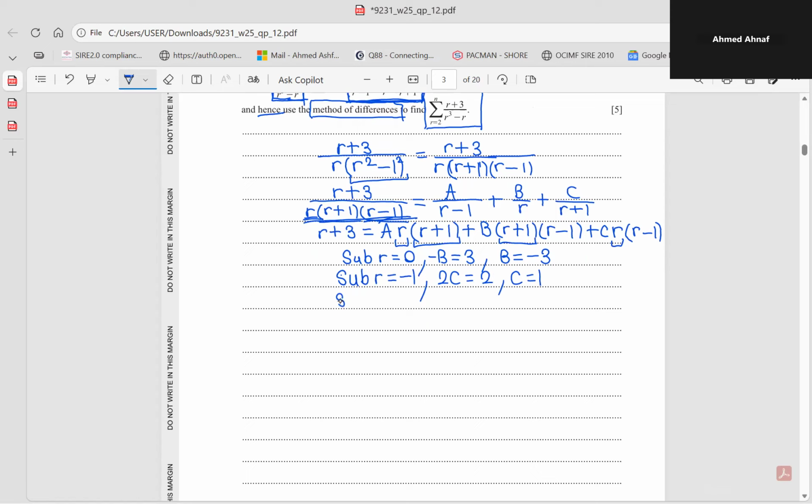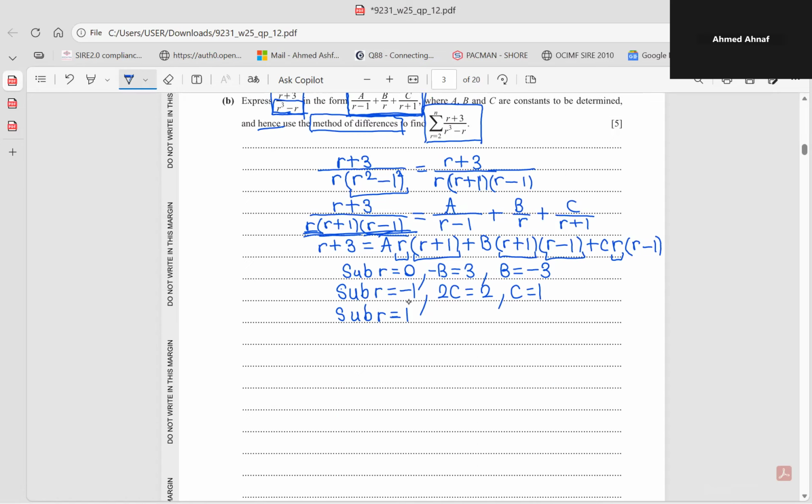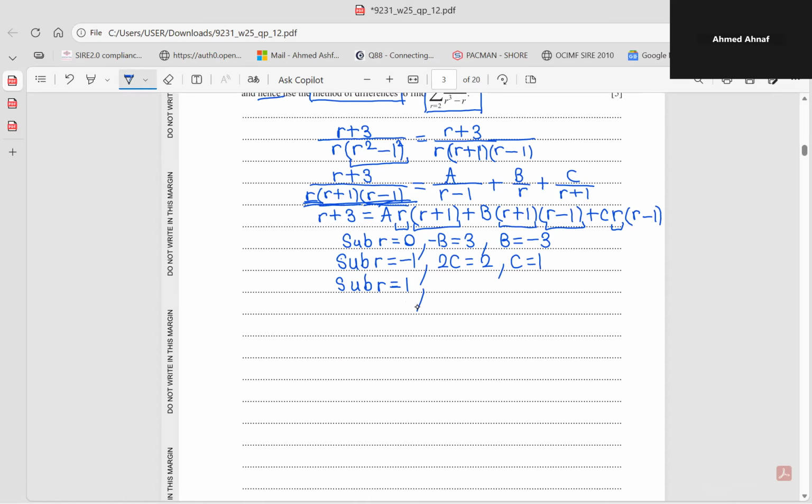Okay, and then finally, we have r minus 1 remaining. So to make that 0, you have to make r equals 1. Very simple. Okay, so b would be gone as well as c. So we only have a to solve. So a times r, so a times 1, that's just a.